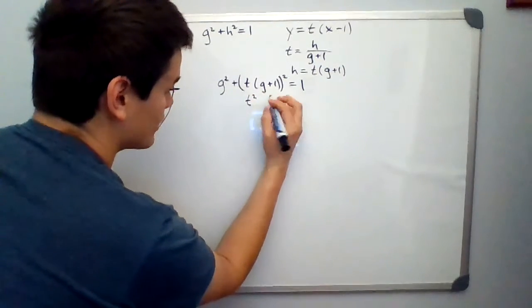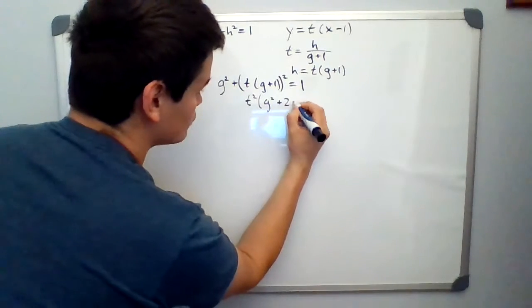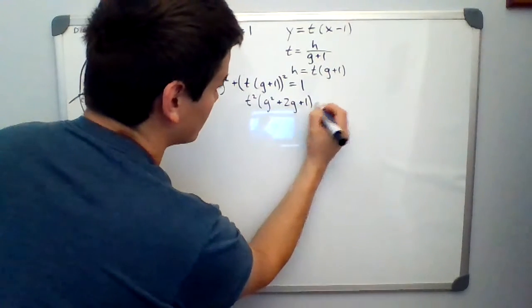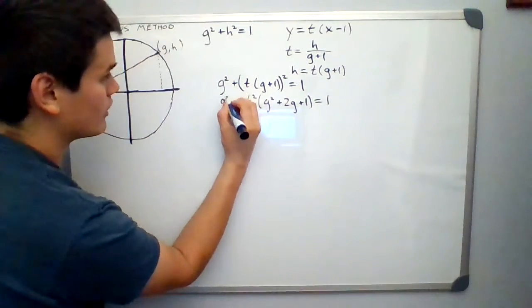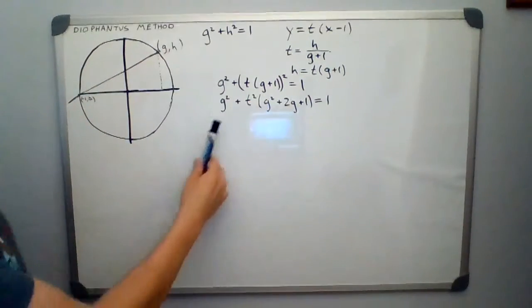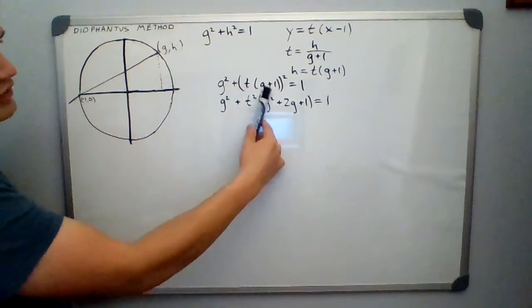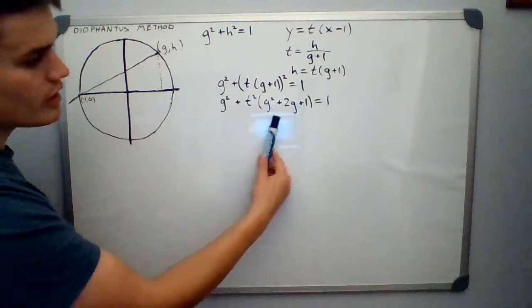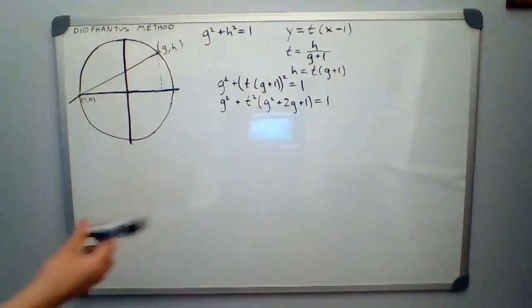So that's t squared times (g squared plus 2g plus 1) is equal to 1. There's a g squared there. Basically all I did was square this term here, so that's t squared, and then this term squared is g squared plus 2g plus 1.